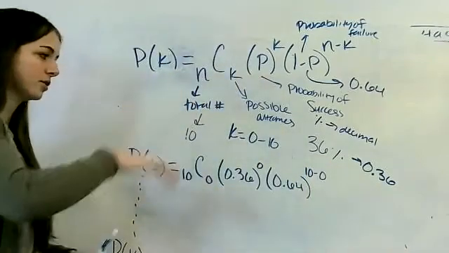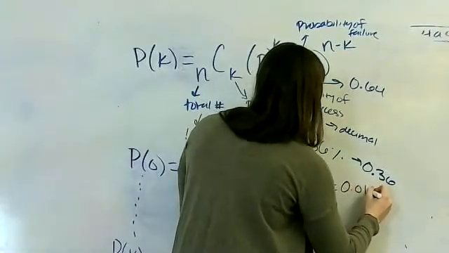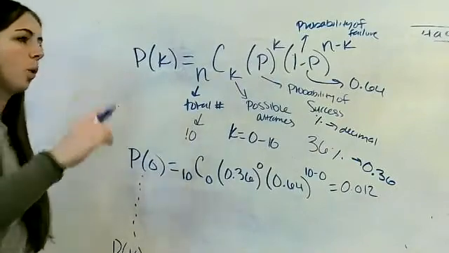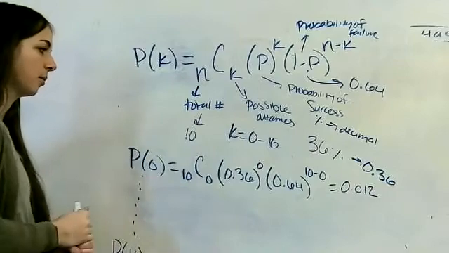Then you would hit enter. You should get a decimal of like 0.0115 or 0.116. So you can round that up to just 0.12.